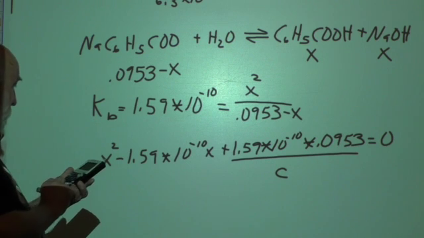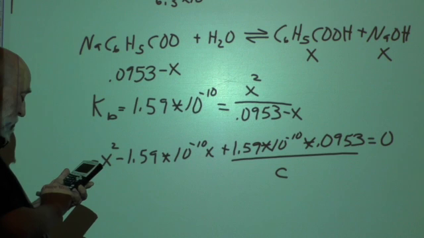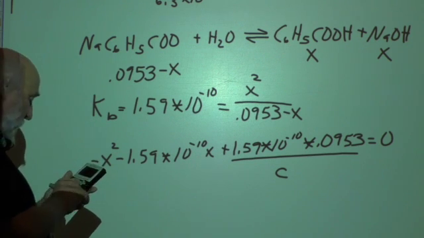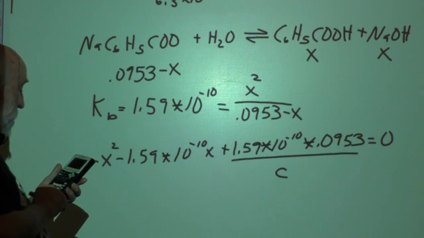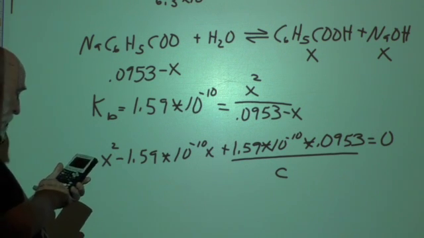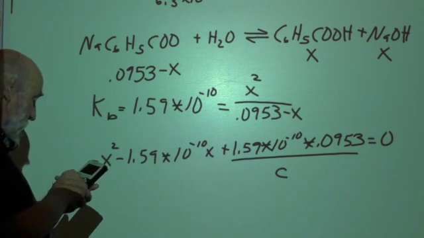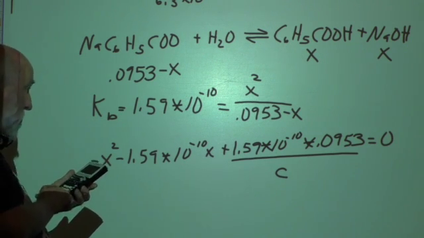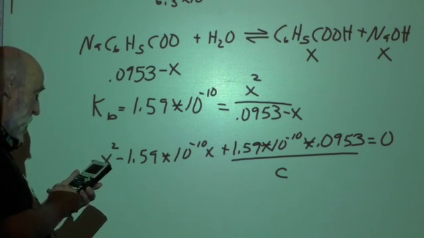And A is negative 1. B is negative 1.59 E negative 10. And C is 1.59 E negative 10 times 0.0953.